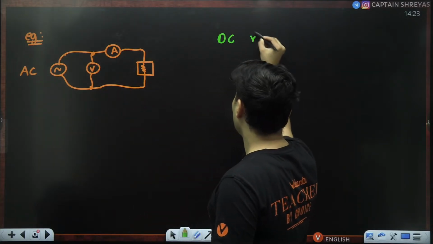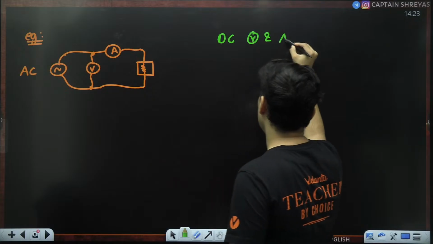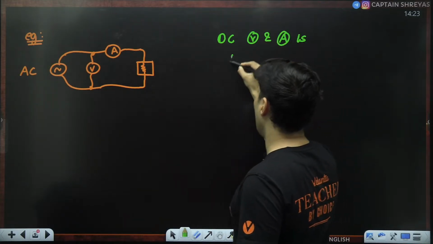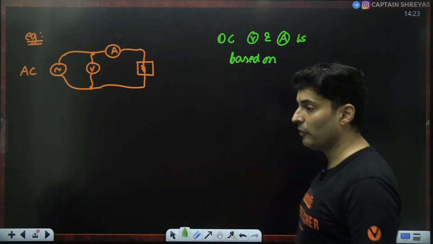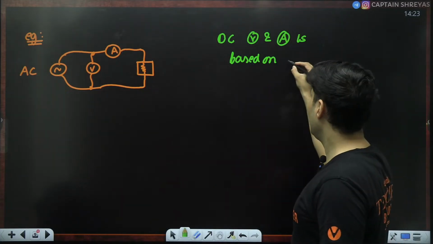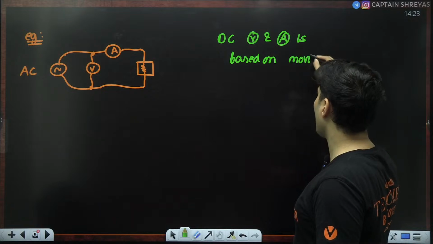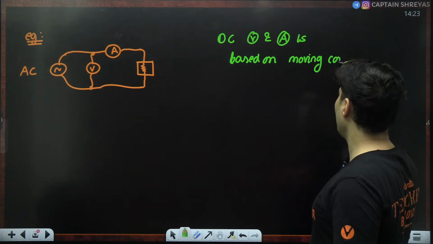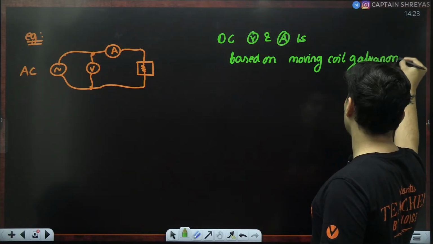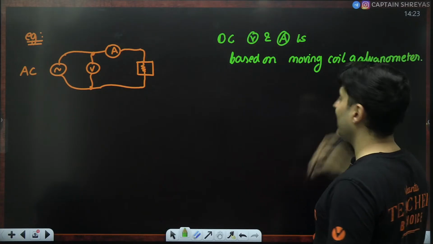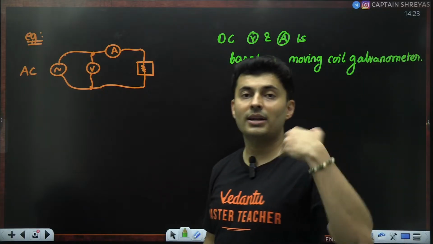A DC voltmeter and ammeter is based on the principles of magnetic effects of current, based on the moving coil galvanometer. And we have seen this already, how you can convert a galvanometer into an ammeter or a voltmeter.